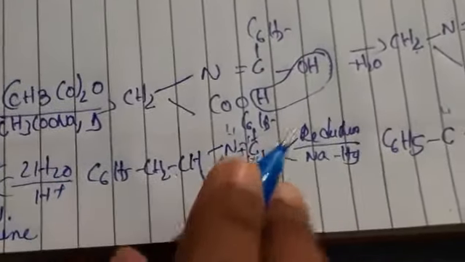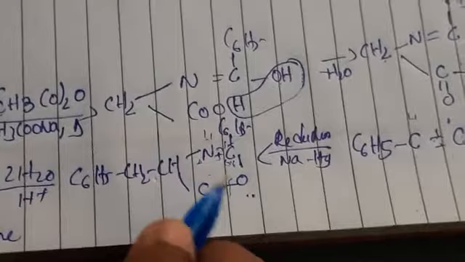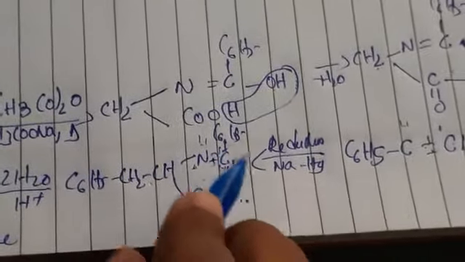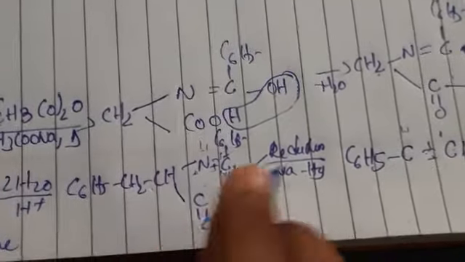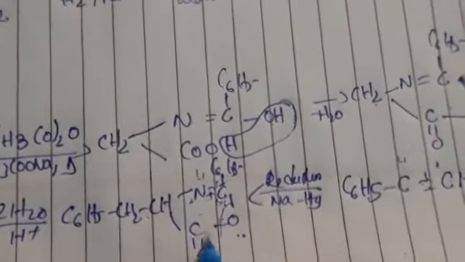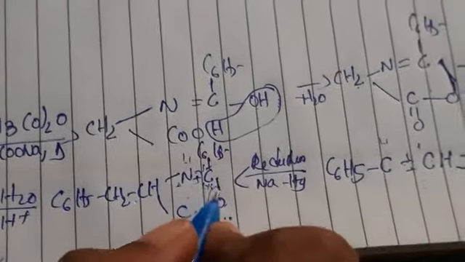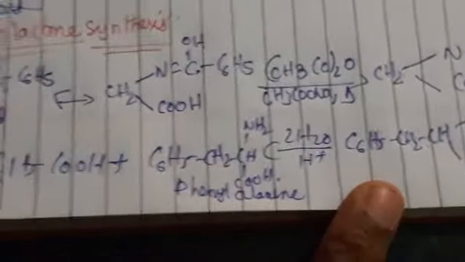If you do reduction, addition of hydrogen takes place. So automatically this is happening when you add water molecules. So here H, OH, OH, if you break this bond, this molecule will go outside, and here C double bond OH will come and add to this H plus. So this is the molecule phenylalanine we are going to get.